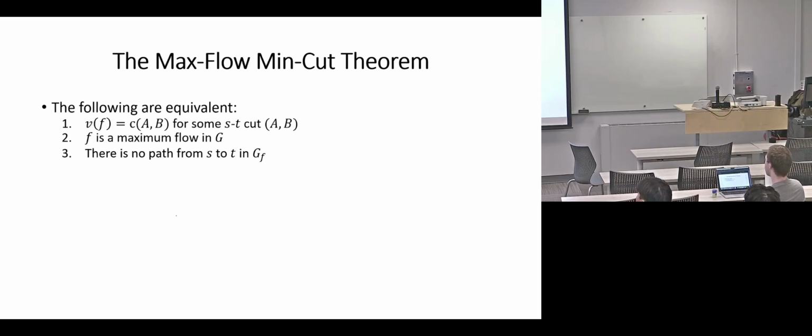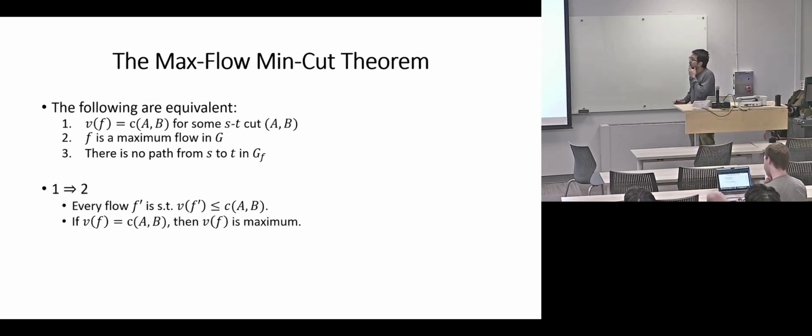Now I'm just going to prove that they are equivalent. I'm going to prove 1 implies 2, 2 implies 3, and 3 implies 1. So let's prove 1 implies 2.